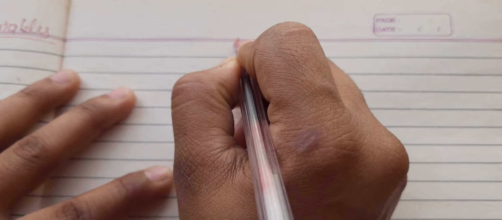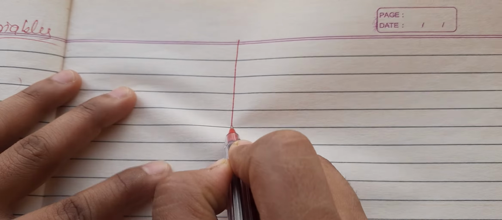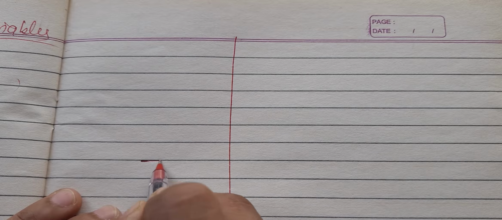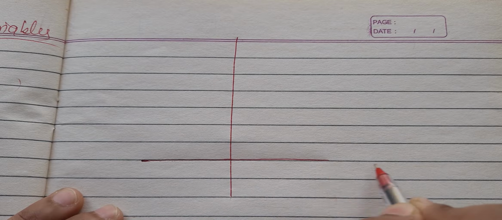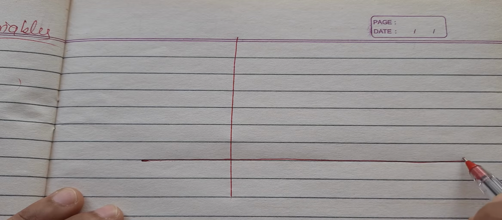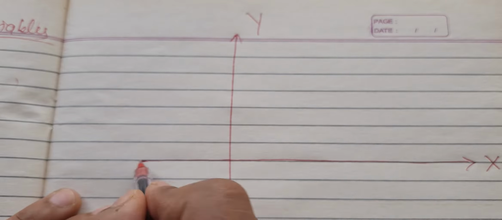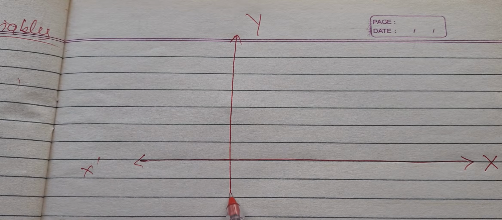So on a graph paper, in this exercise you have to use graph paper. On a graph paper we have these two axes. The horizontal one is called x-axis and the vertical is called y-axis, and these are negative axes. If you have any negative value, then you can point here also.